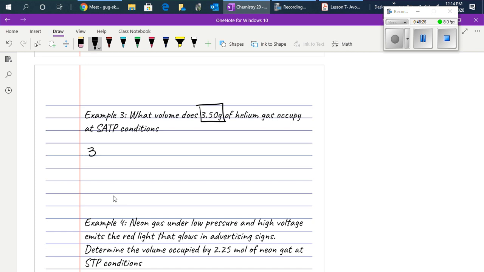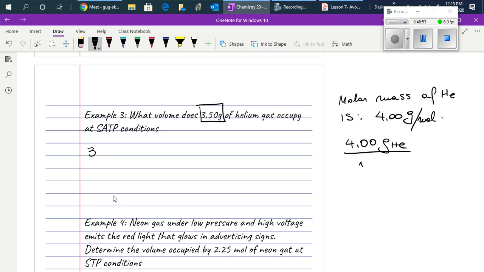So the molar mass of helium, we find it directly on the periodic table, is 4.0 grams per mole. And as we have always mentioned, that means that if we have 4.0 grams of helium, then we have 1 mole of helium. And if we have 1 mole of helium, then we have 4.0 grams of helium. So we have 2 ratios here, ratio 1 and ratio 2.